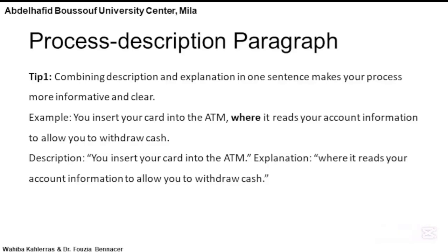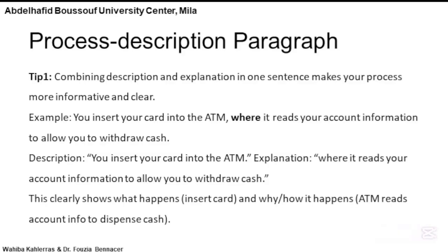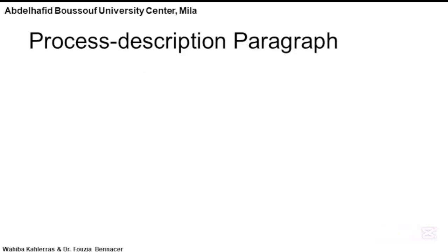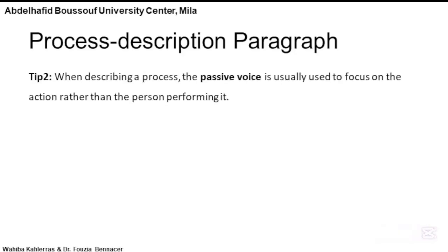This clearly shows what happens: insert card, and why or how it happens: the ATM reads account information to dispense cash. So we combine description with explanation in the same sentence using a relative clause. You might also make use of subordinate clauses of different types and different logical relationships.